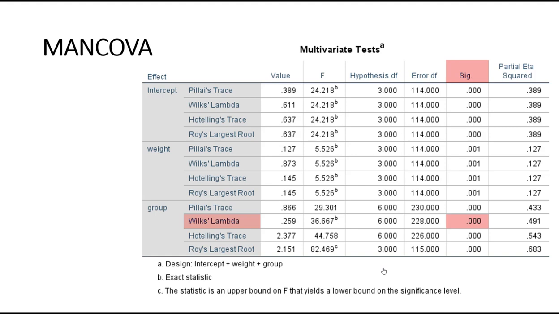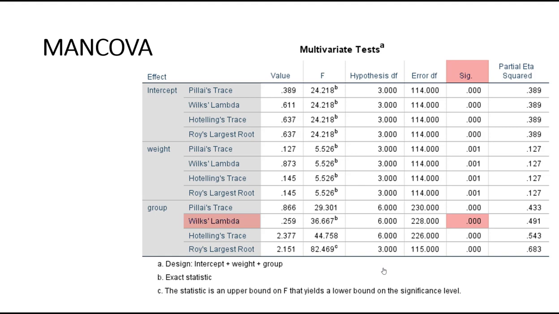as highlighted in pink. The different names given to each row, Pillai's trace, Wilks' lambda, Hotelling's trace, and Roy's largest root, are the names of the different multivariate statistics that can be used to test the statistical significance of the differences between groups. The most commonly recommended multivariate statistic to use is Wilks' lambda, and this is what will be interpreted in this example.